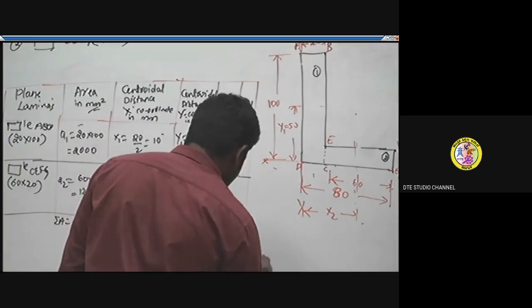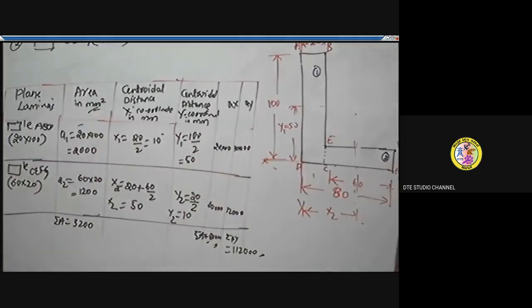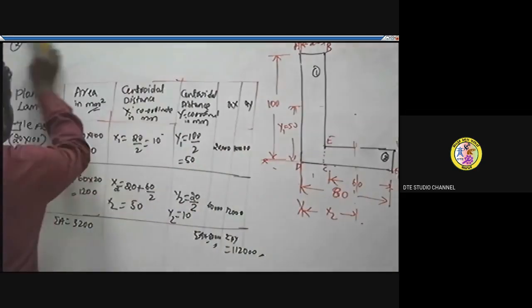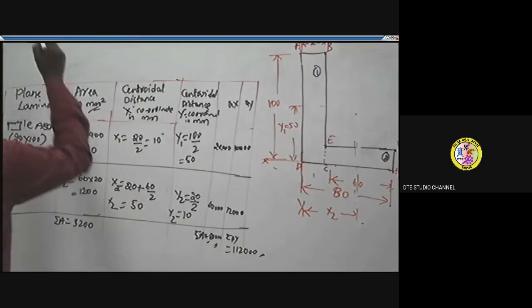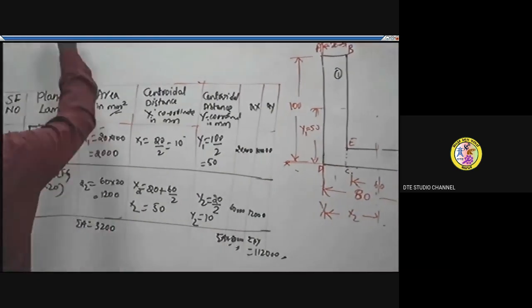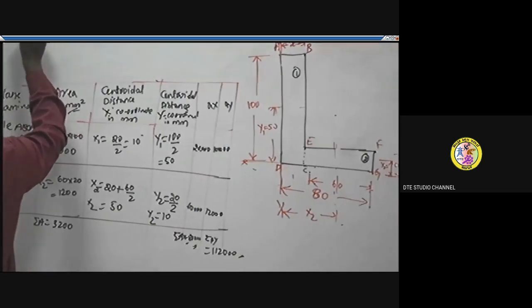You can see this. Now, by the well-known formulas, we can find the position of the centroid for this given unsymmetrical section like the L. We know the formula for calculating x bar: summation of A into x upon the total area.